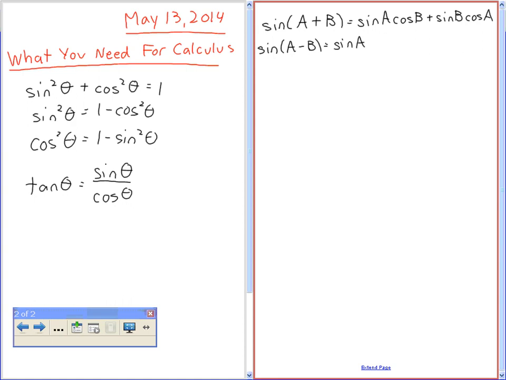Oh, is it? Cos? Yeah. And what's the one where it gets inverted? Oh, yes.